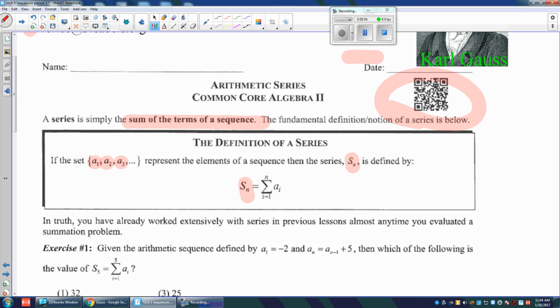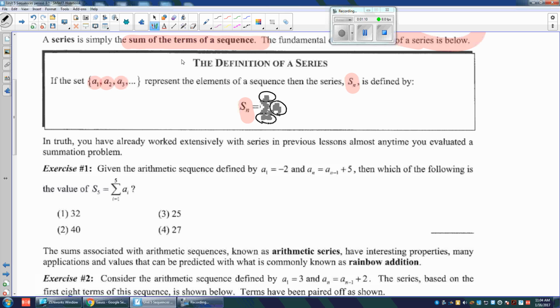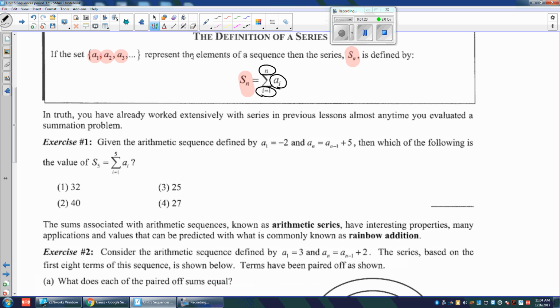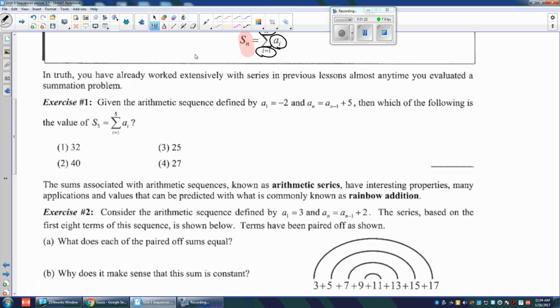So the sum of those numbers from the first number to the last number, and you just plug in each number. Seems very straightforward. We're just adding up all the numbers. In truth, you've already worked extensively with series in previous lessons, almost any time you've evaluated a summation problem. In other words, you have to add up all these numbers.